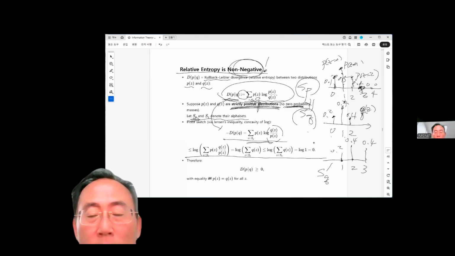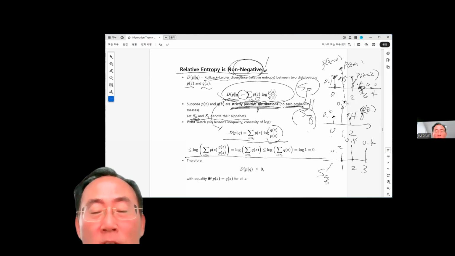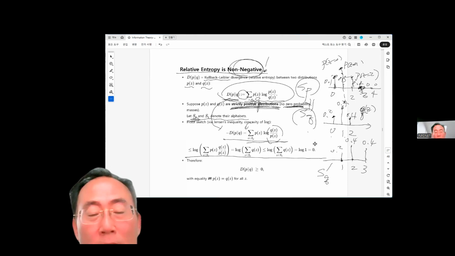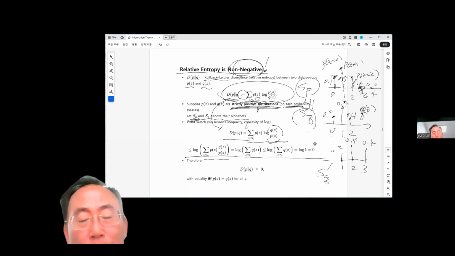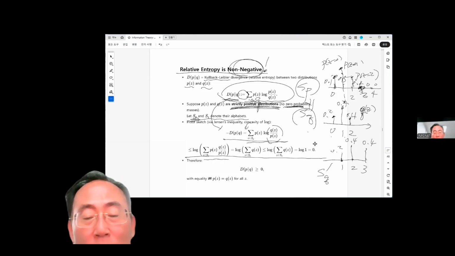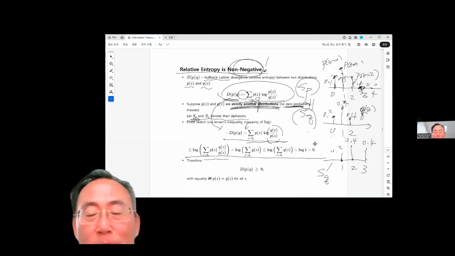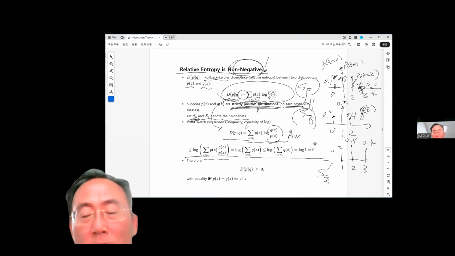Just by applying the definition of D(P||Q), that should be upper bounded by log of this. So why is that? What is this? This is the log of an argument, an average of a function, which is log, right? And that is a function of an average.